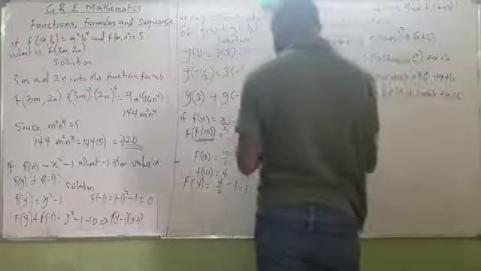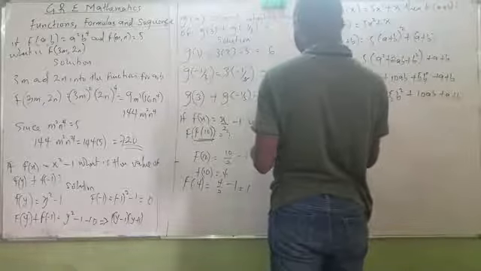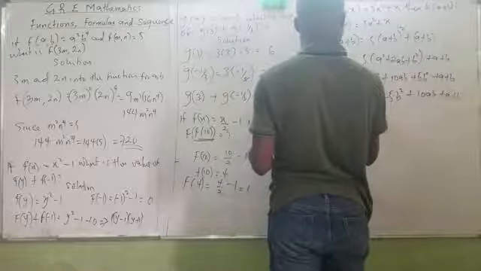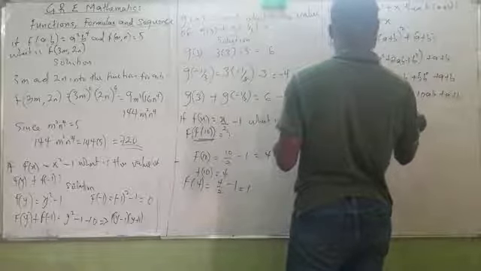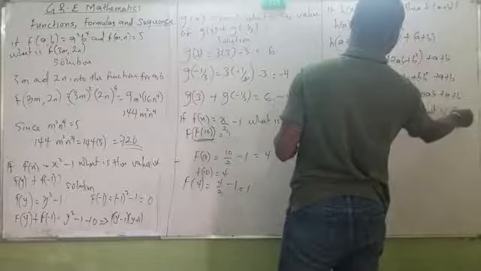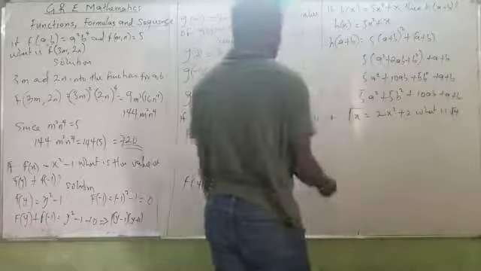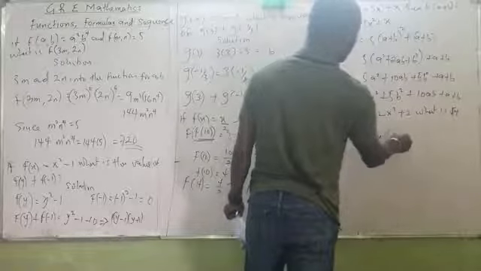Now, the question says, this is how the question comes. If root of s equals 2s squared plus 2, what is root of 4? Now, this is very straightforward. Root of x equals 2x squared plus 2.